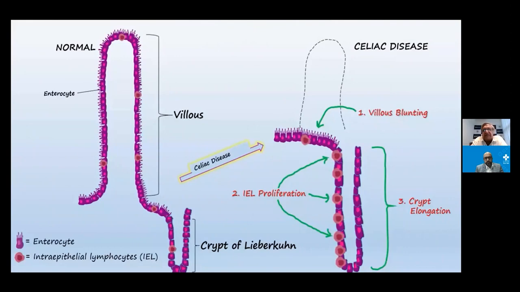As a consequence of celiac disease, there is blunting of the normal villus, and they sometimes disappear. There is proliferation of intraepithelial lymphocytes, and there is crypt elongation. So these three changes occur in celiac disease.